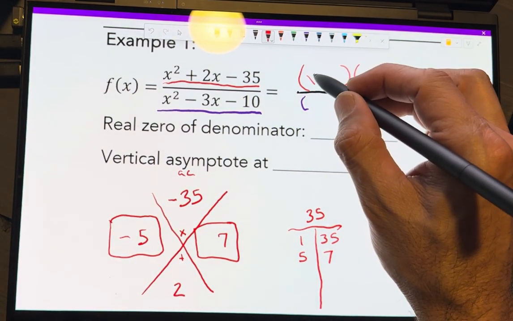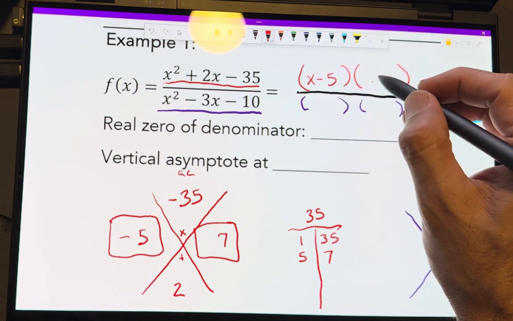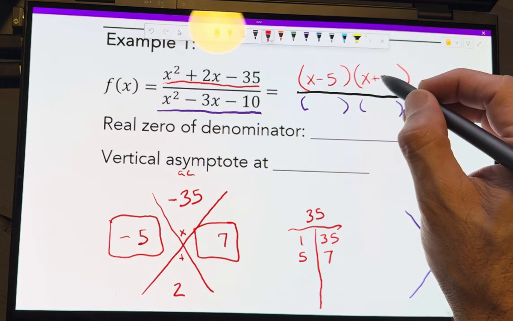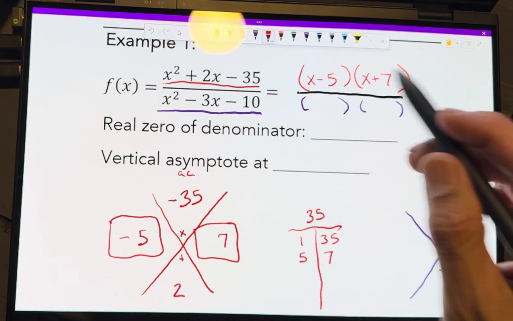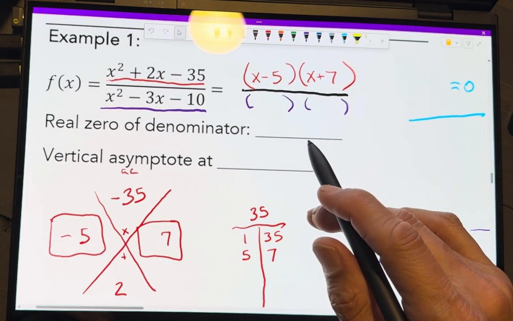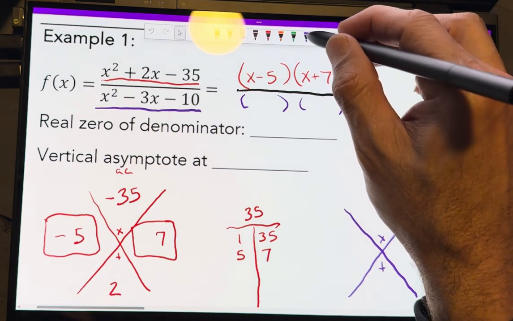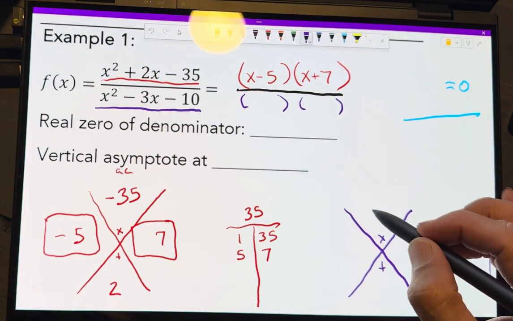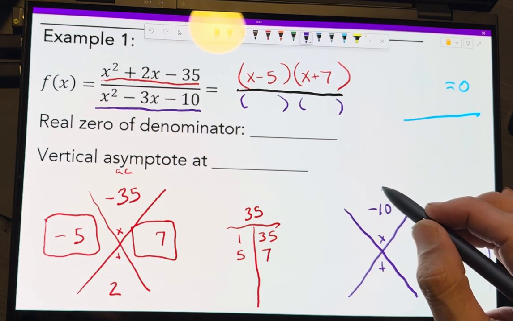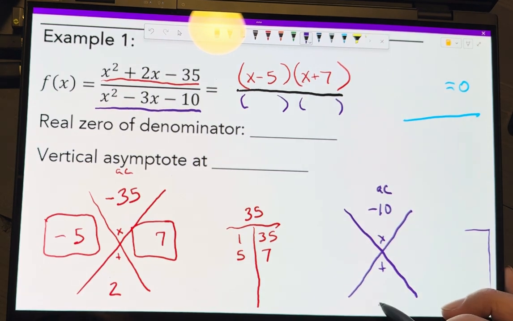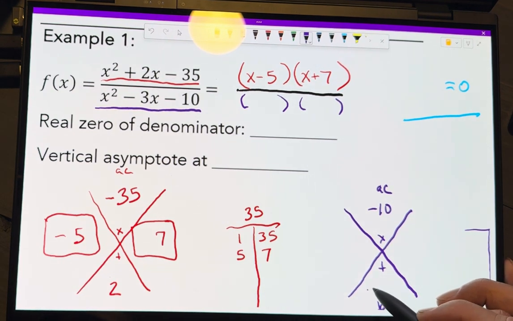So let's plug that in. Negative x minus 5 and x plus 7. Now let's factor the second function. And 1 times negative 10 gives us negative 10. Again, this is AC and this is B, and our B term is negative 3.